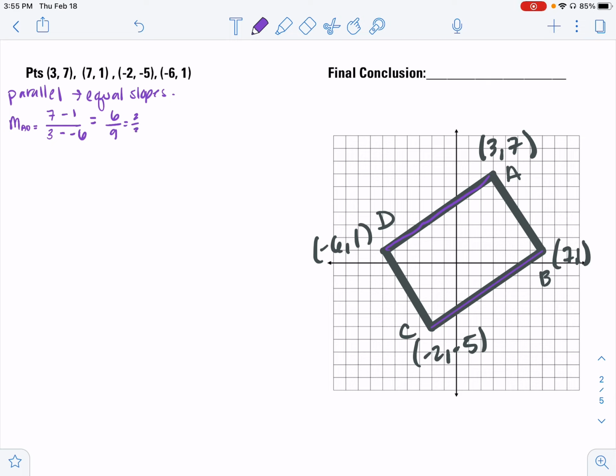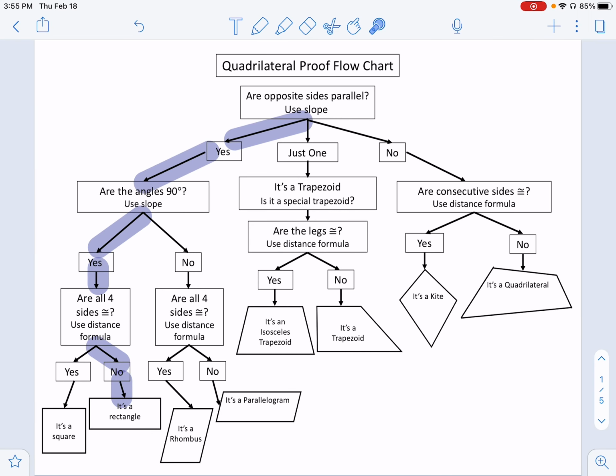I want to see, is it parallel to CB, so I'm also going to do the slope of CB. So yes, they are parallel. But notice that we have to show that both of them are. If it's just one, it might be a trapezoid.